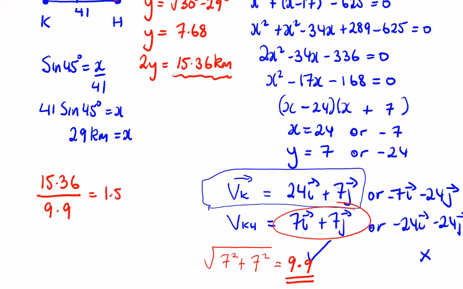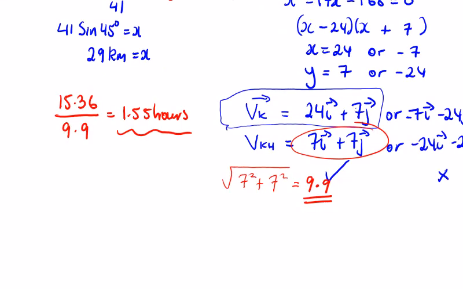That's 1.55 hours. And 0.55 times 60 is 33. So that's 1 hour 33 minutes. This is how long they're within 30 kilometers of each other. So that's the last question in this section before we go on to the T method, the last section of this topic.